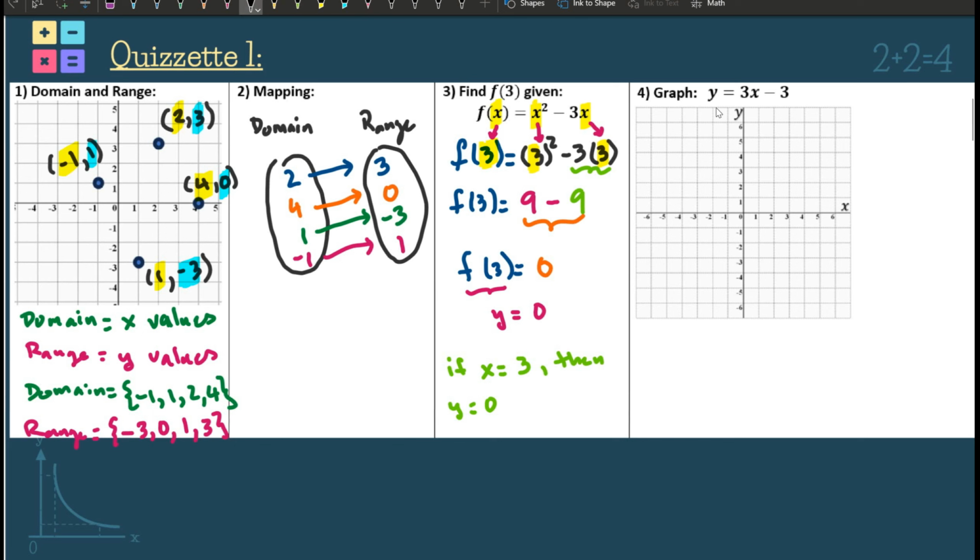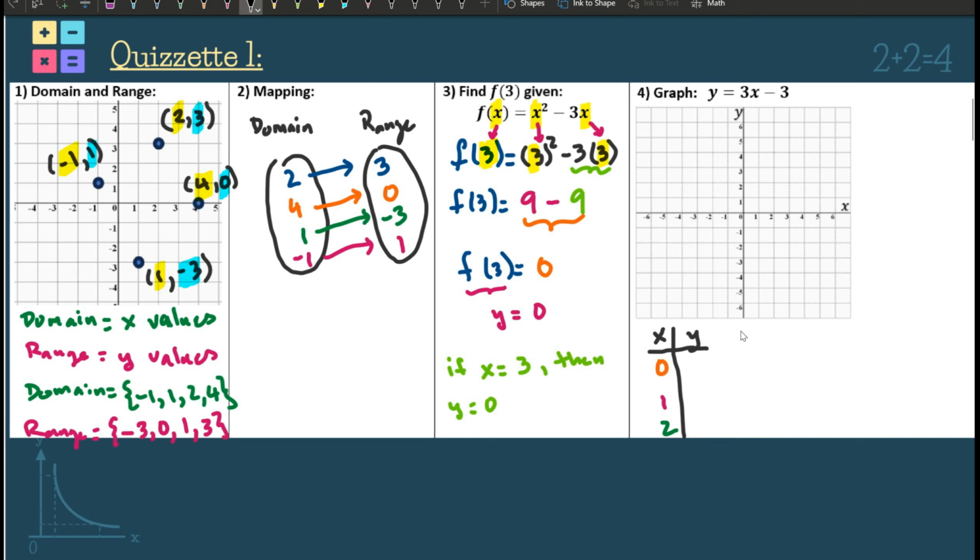We're going to look at number 4. You're going to graph y equals 3x minus 3 using an x and y value table. So you're going to create an x and y value table. We're going to pick any value for x. For convenience, I would like to choose small numbers, which are 0, 1, 2. You can pick any number.